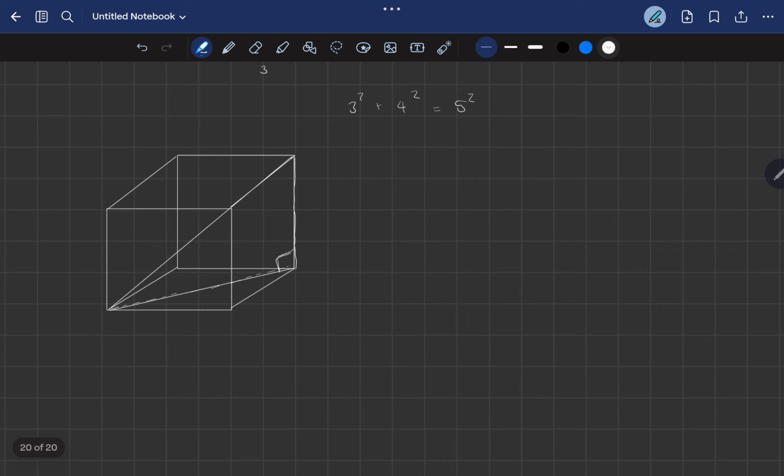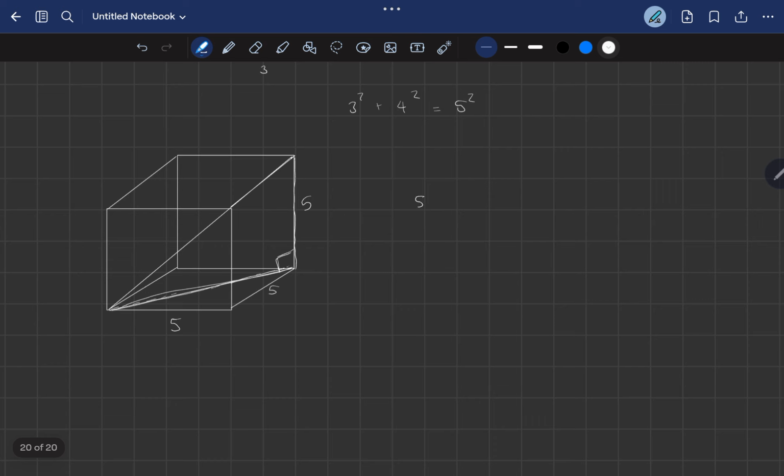Okay? So now, because it's a cube, let this be 5, let this be 5. Okay? And it's also going to be 5. So what is the long length? So let's first find out the length of the base. And we can use Pythagorean theorem again to find the base, using this 5 and this 5.